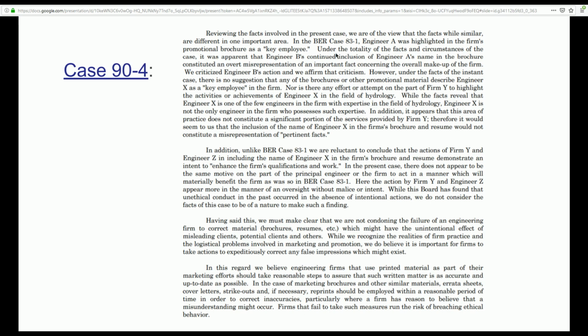In the case that we're currently considering, though, hydrology is not a big part of the firm's caseload. It's not a big part of the firm's projects. And so the fact that Engineer X is leaving doesn't constitute significant deception in this literature.